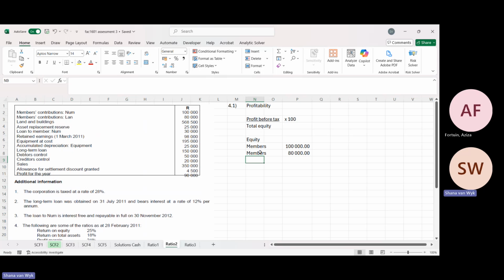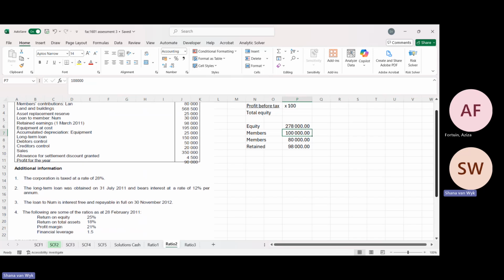Loan to member, asset. Retained earnings, I think this one. Retained earnings, 98. Depreciation, loan allowance, profit. Okay, I think this is equity. Double check any additional information.